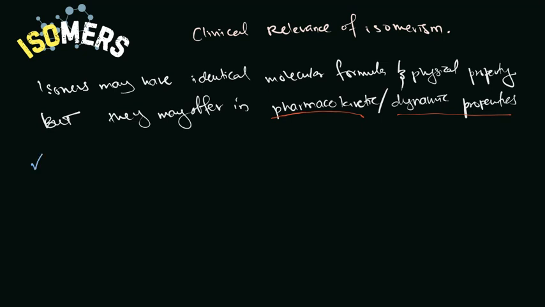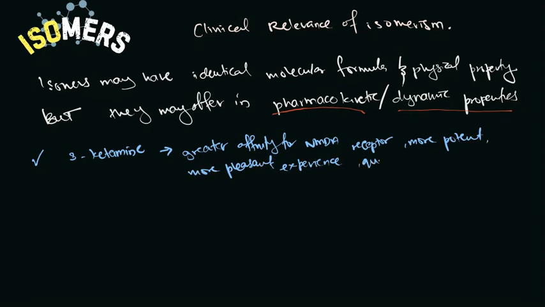We can use this to our advantage, preferring a drug that is more potent, with less toxic effects, to use in our anesthetic practice. For example, S-ketamine has greater affinity for the NMDA receptor, making it more potent, and it has a more pleasant experience for the patients and also quicker mental recovery.